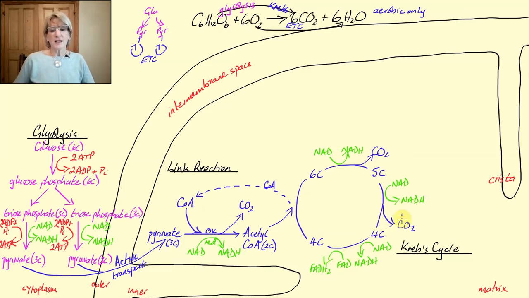You have 3 NADH produced and you have 1 FADH2. And in addition to that, you have a single ATP molecule produced per Krebs cycle. And as you can see up here from our little summary diagram, 2 ATP molecules are produced in the Krebs cycles per molecule of glucose.